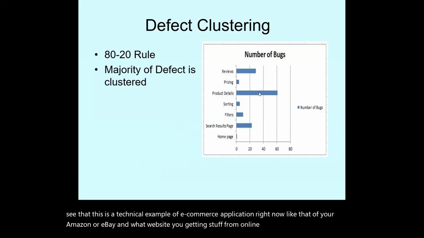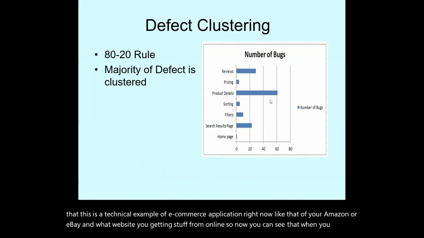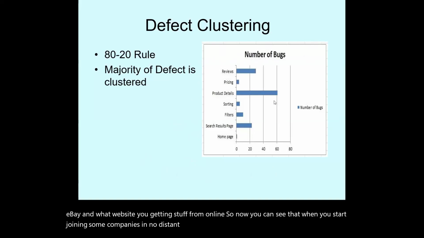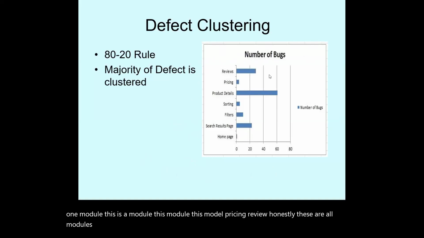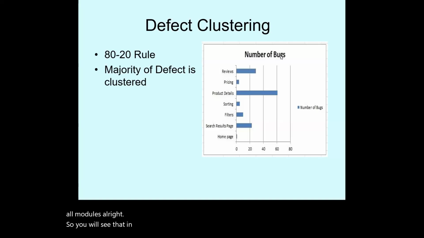So when you start testing in no distant time, you will find that in one module, whether it's pricing or review, we are getting a lot of bugs. You can see these bugs here.